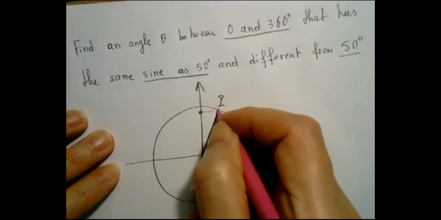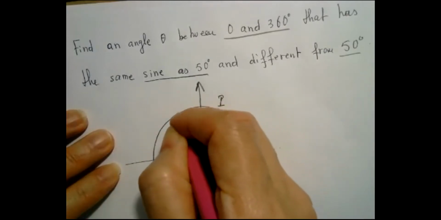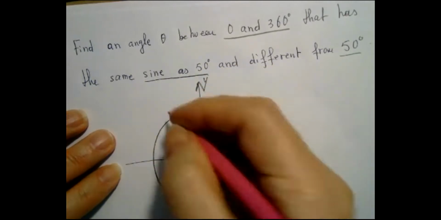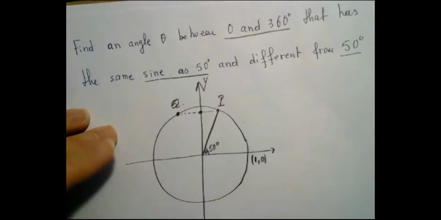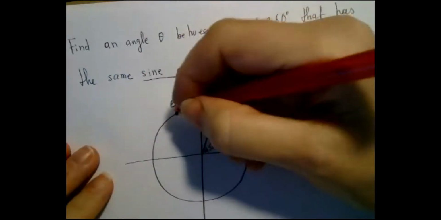So the idea is this is the point P. I'm going to take the point which is symmetric to it with respect to the y-axis, totally symmetric. I'm going to call it Q, and I'm going to look at this angle.